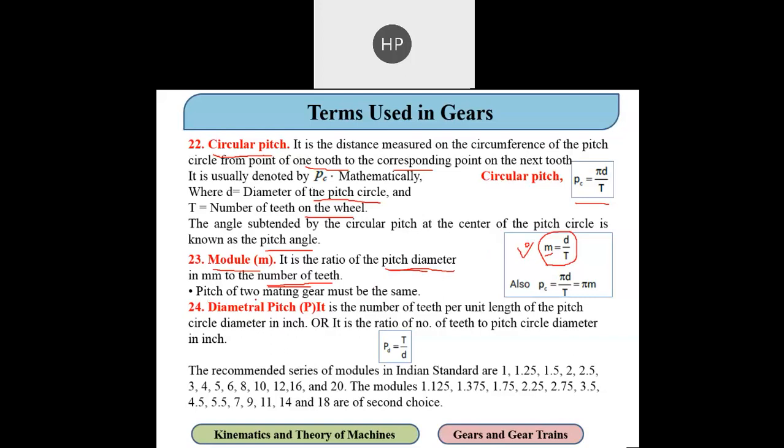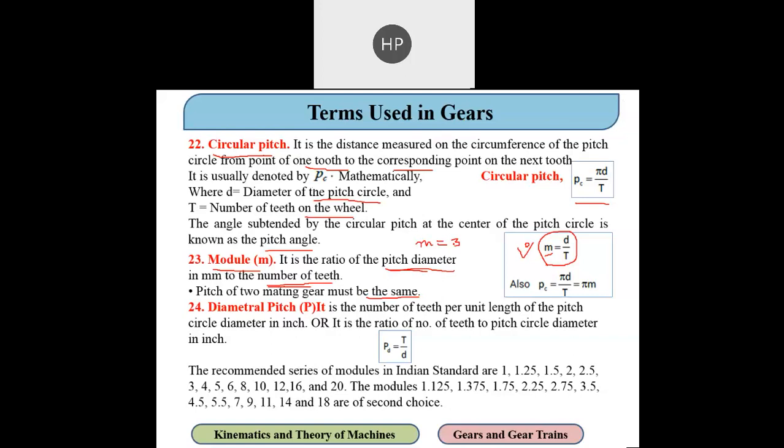The pitch of two mating gears must be the same. The module of the two gears must be the same. Then and only then will your gears rotate. Suppose I take the example that one gear has module m equal to 3, and the other gear has m equal to 2, then these two gears are not going to rotate.